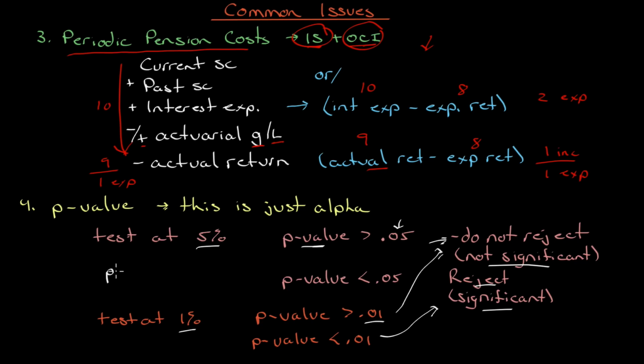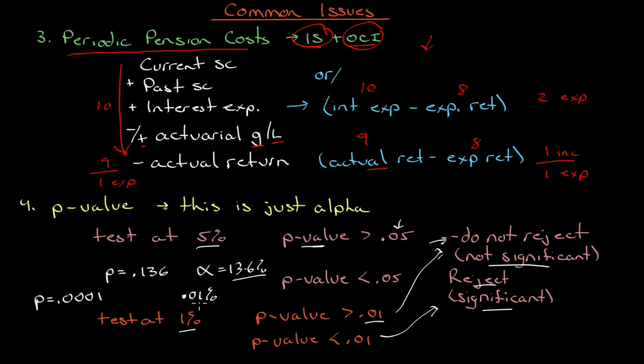So if we have a p-value equal to 0.136, that means that we can reject the null if we were testing at an alpha of 13.6%. Well, we would never test at an alpha that high. That's simply just too high. If we have a p-value of 0.0001, that is telling us that we can test at an alpha of 0.01% and still reject the null.